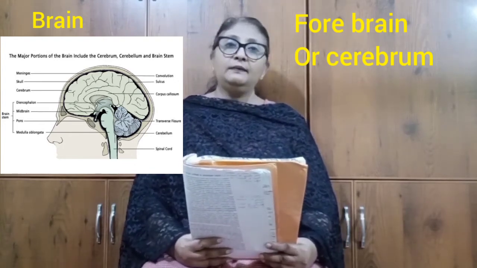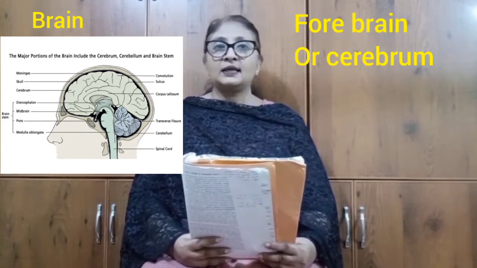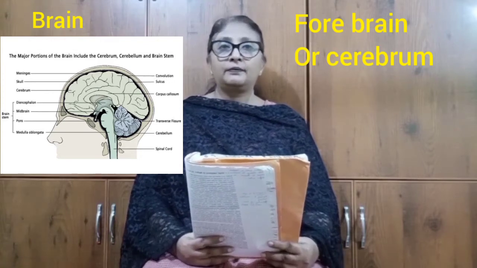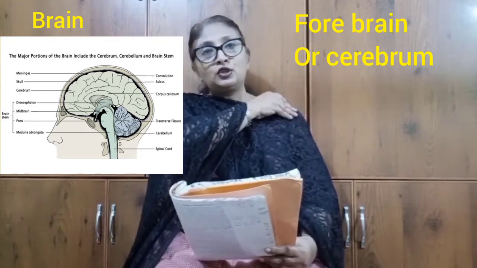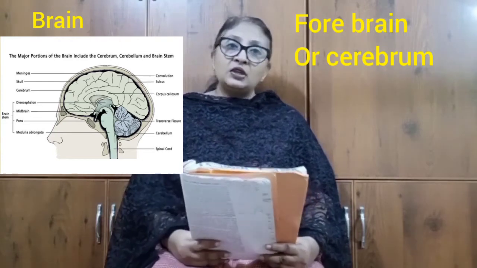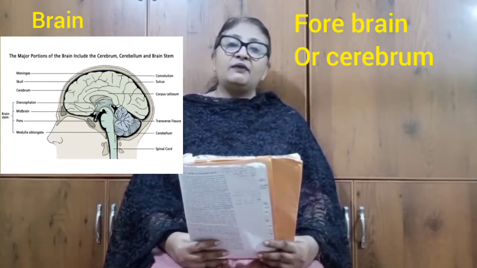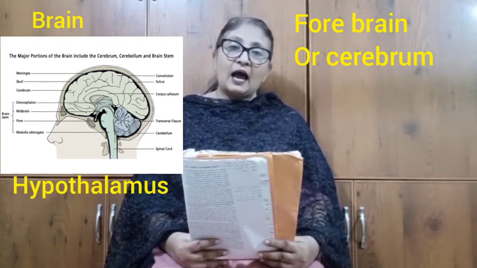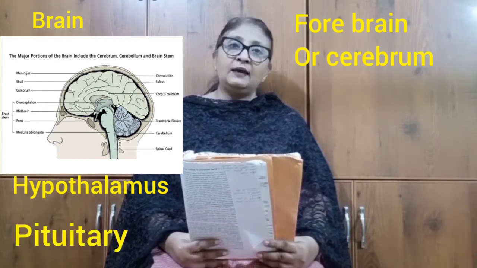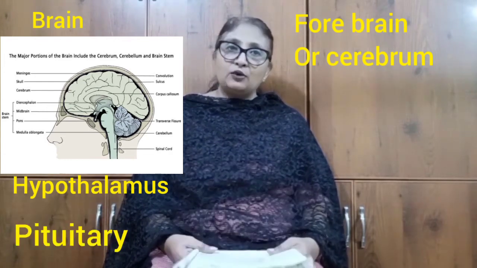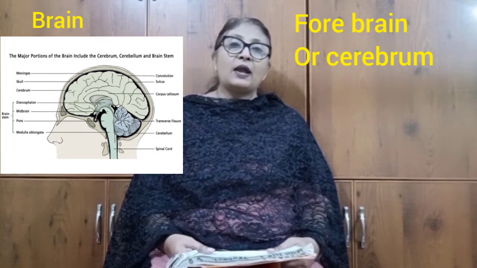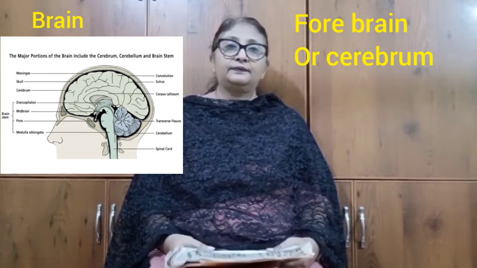The forebrain is otherwise known as cerebrum, and there are two endocrine glands associated with the brain, that is the hypothalamus and the pituitary. The pituitary is otherwise known as the master gland.